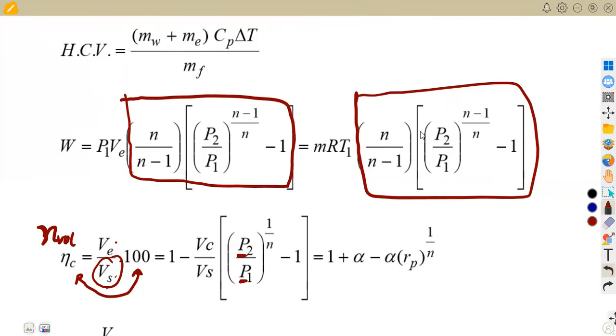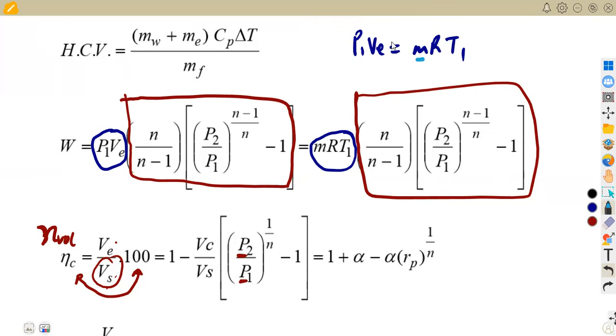So it simply means this part that is remaining here, that is multiplying, is the same. So it means P1 VE is equivalent to MRT1. So we can even use this formula to calculate the mass in this case.